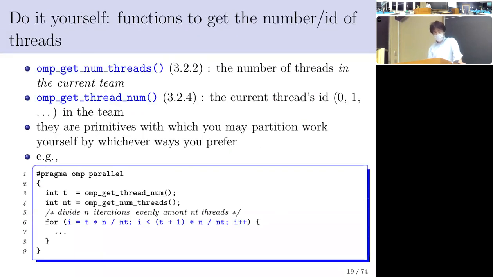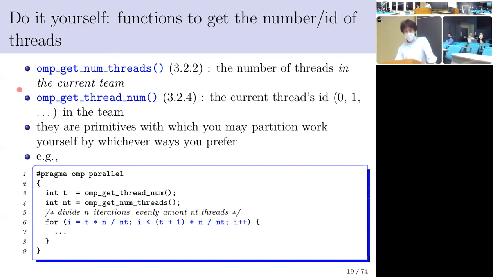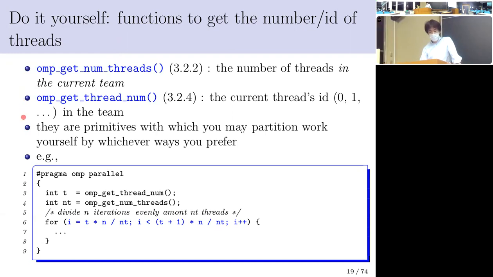Before getting into the OMP for directive, I just want to point out that there's a very primitive but very general way to distribute whatever work among these threads, which is to use OpenMP functions and partition work in whichever way you like. So what are they?